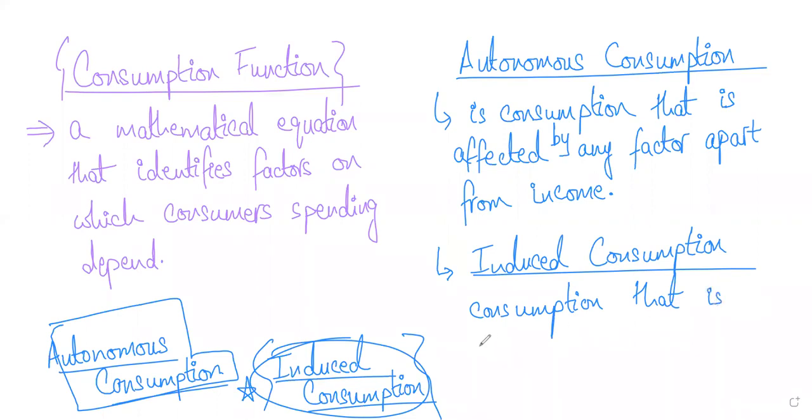That is affected by income of a consumer, right? So consumption that is affected by income of a consumer is called induced consumption. Consumption that is affected by other factors like interest rate, inflation, blah blah blah, and all these things, that would be known as autonomous consumption.